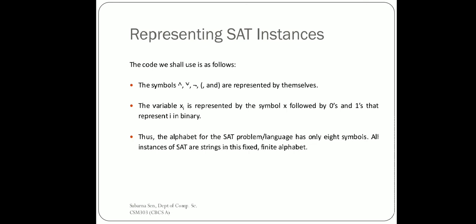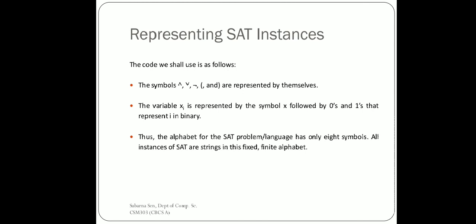So the code is going to use these things. It will just use the symbols as they are, and the variable xi is represented by the symbol x followed by zeros and ones that represent i in binary. So if it is xi, x will be there, and whatever the value of i is, we convert it into binary.